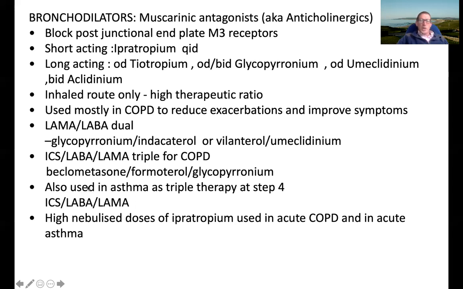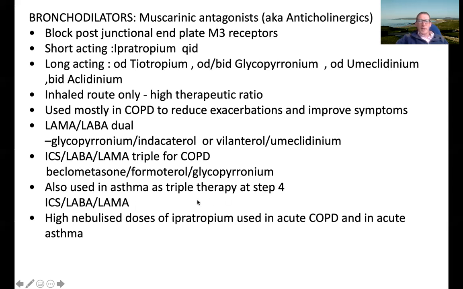We also use long-acting muscarinic antagonists in asthma. They're not used instead of LABA, so there's no ICS LAMA inhaler, but we do use triple inhalers, like this one here, beclomethasone, formoterol, glycopyrronium, as triple therapy at step 4.